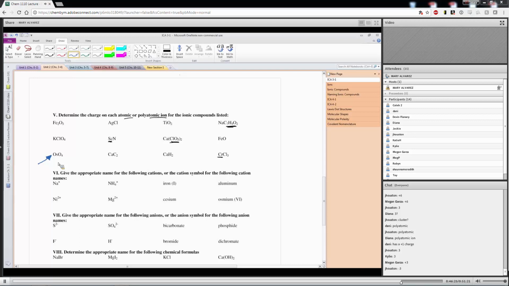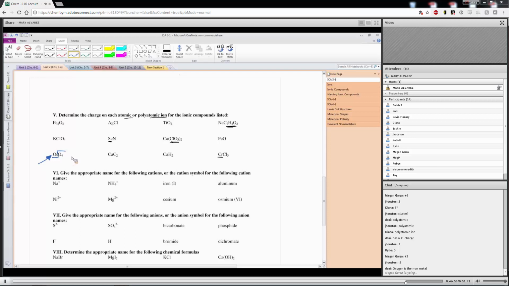Tell me, what do we know about OsO4? What's my cation and what's my anion? Do I know either charge? What do I know? Oxygen is the nonmetal. Excellent. Okay, so try to draw a careful line. The Os is my cation, and the oxygen is the anion, because the nonmetal is usually the anion.